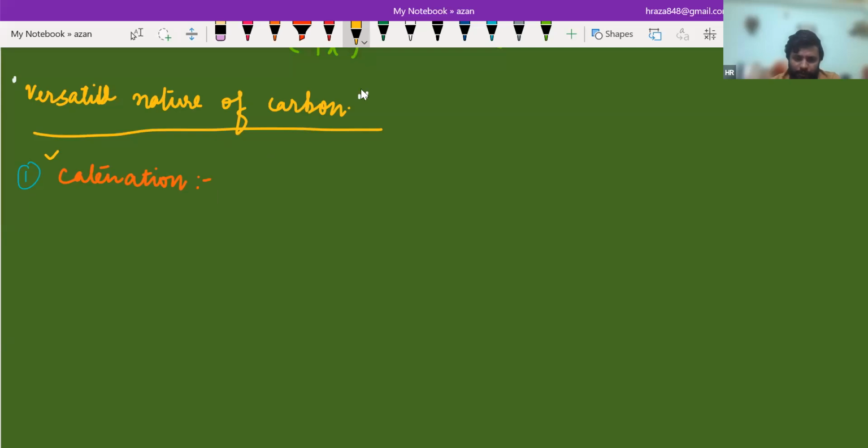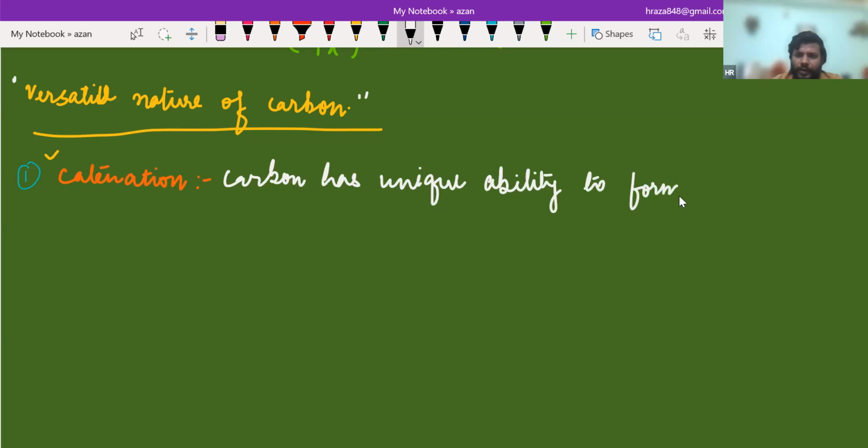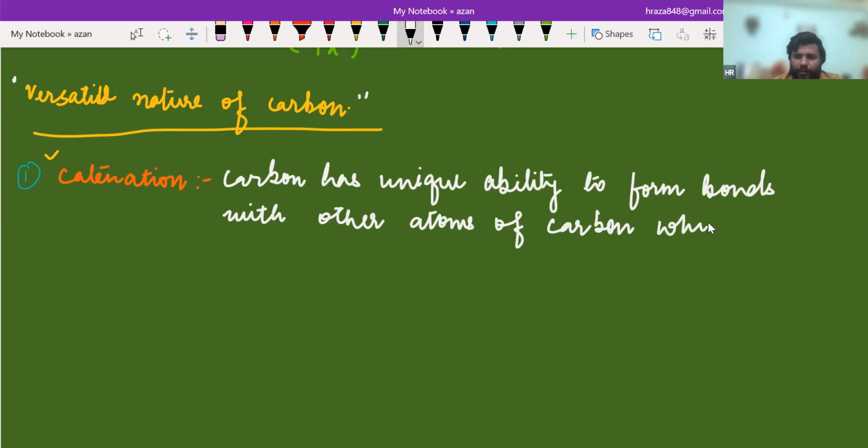So I'm going to write: carbon has a unique ability to form bonds with other atoms of carbon, which gives rise to large molecules.